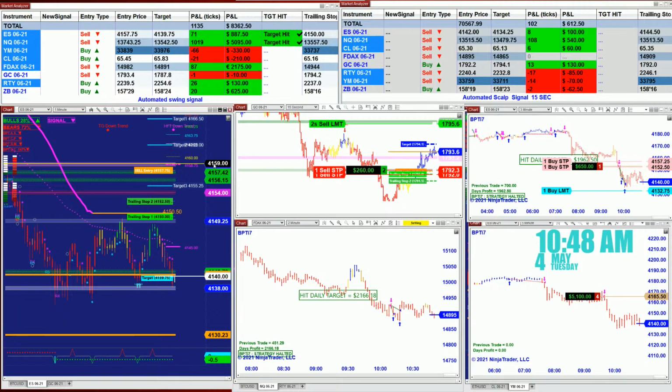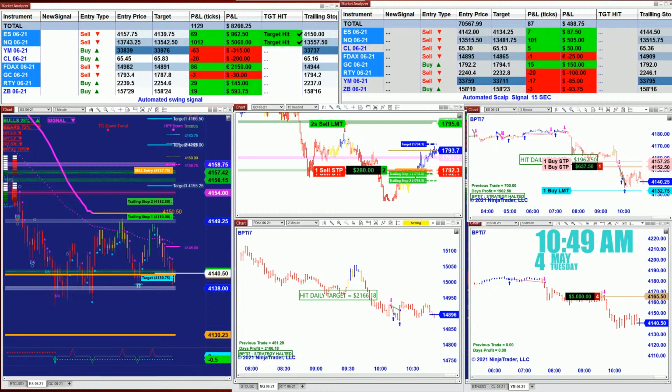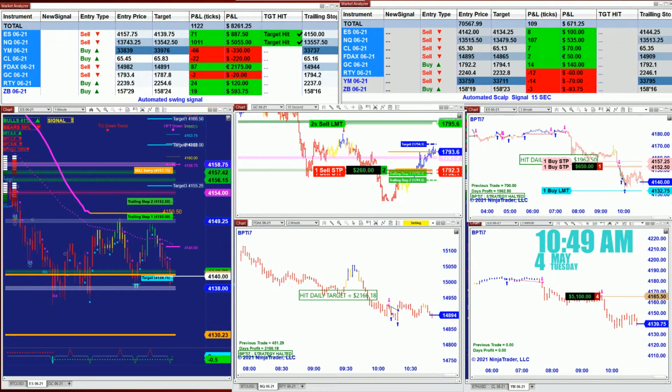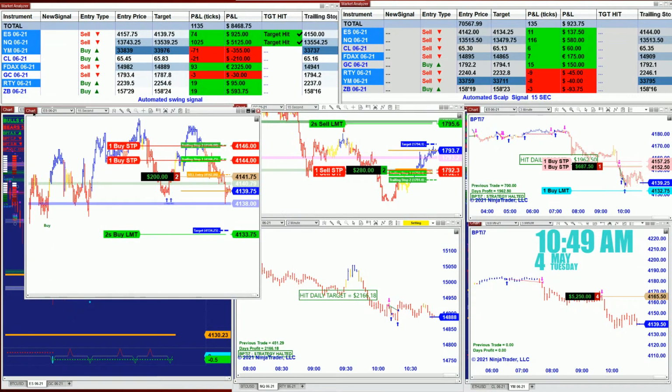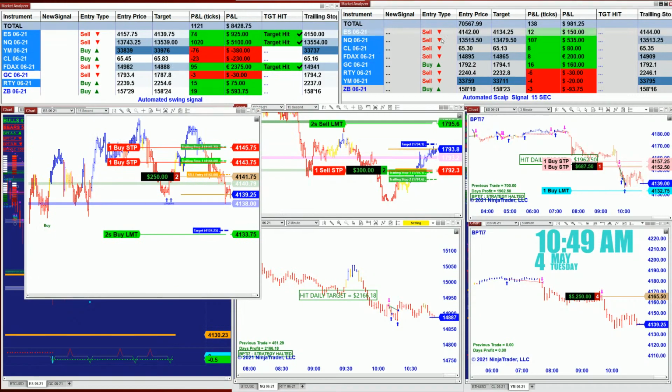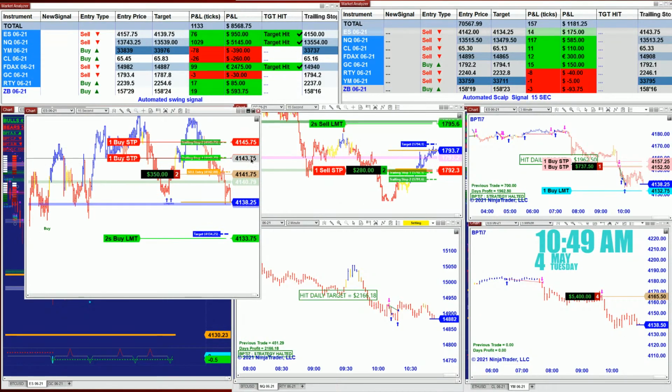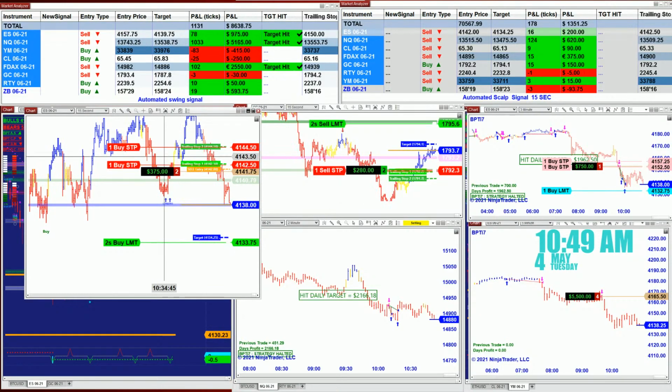So as we see here on the ES, the scalper took a short trade, and I'm okay with it. We had a sell signal on the scalper 15-second, 41.42, and I'm fine with it because it's short.